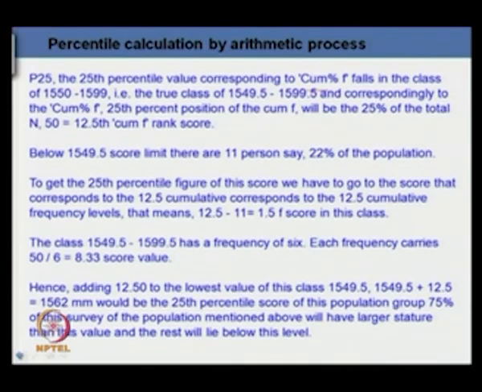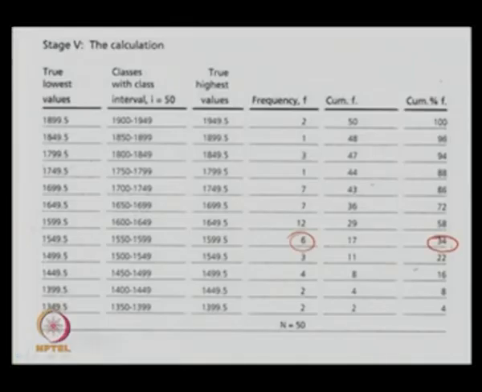Means we want 25. In this case, what has happened? We have doubled, multiplied by 2, to get from cumulative frequency to cumulative percentage frequency. So, if we require 25, then 25 divided by 2 equals 12.5.